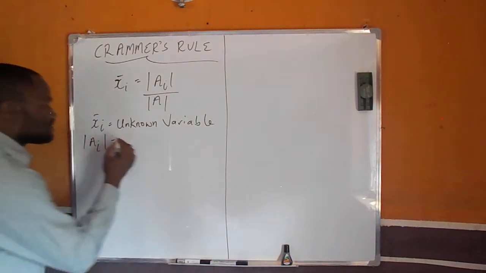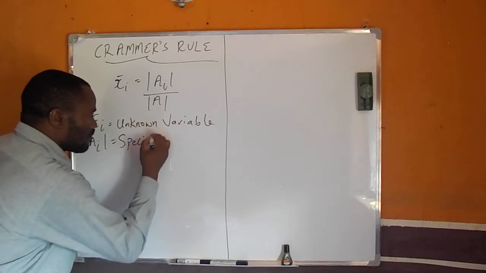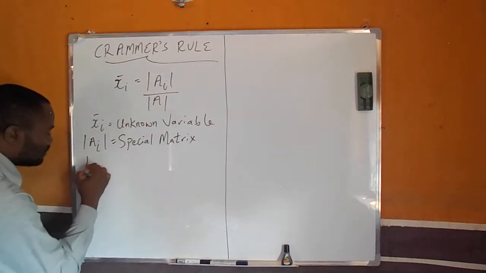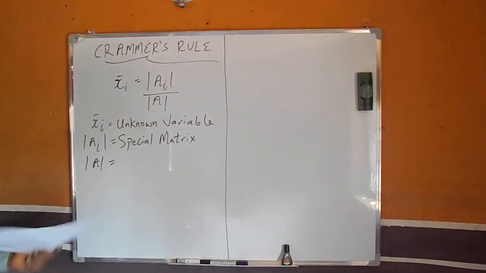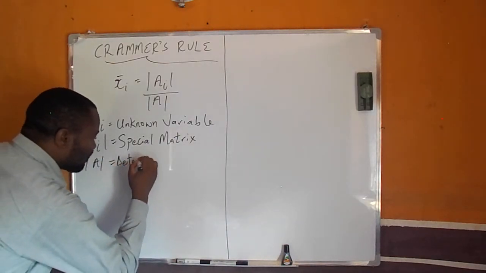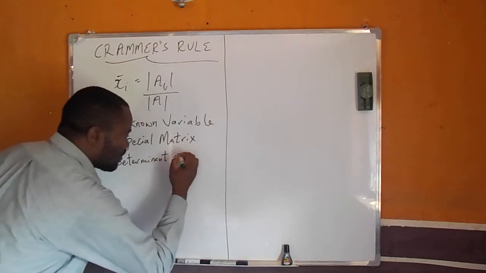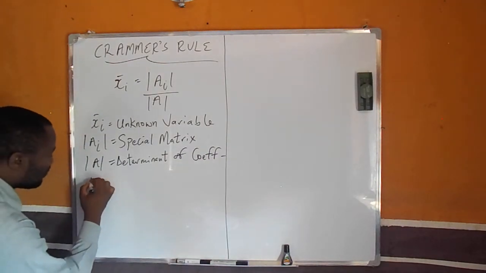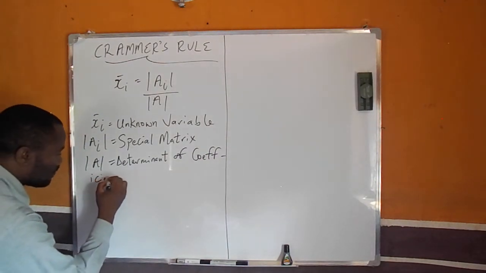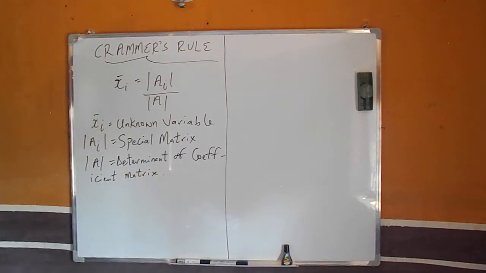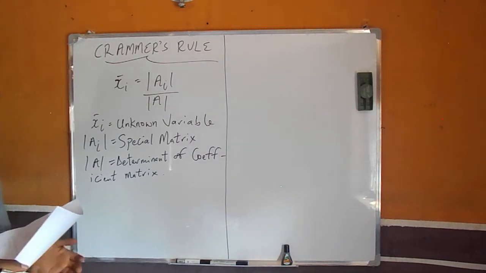The denominator, the determinant of A, is the determinant of the coefficient matrix.